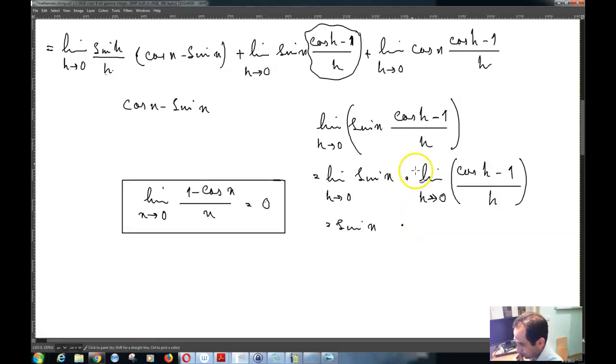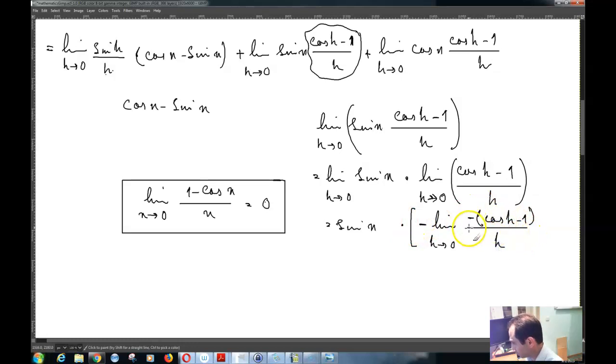Now, the limit of cos h minus 1 over h, I can write as the negative of the limit as h tends to 0 of the negative of cos h minus 1 over h. I multiply a negative sign by the numerator, and then a negative sign outside the limit, so they cancel each other out.